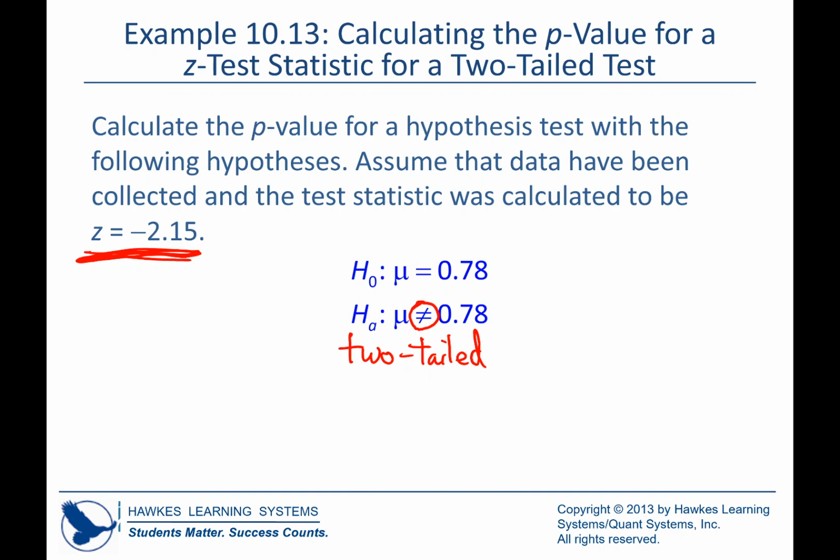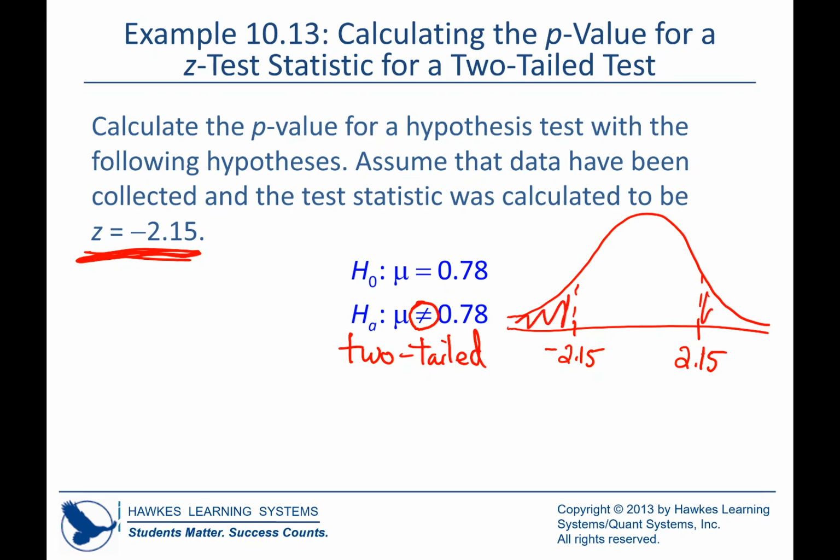So we're going to take plus or minus on our z-value. On this one, the z-values we're concerned about would be negative 2.15 and positive 2.15. So we want the area in both of those tails. So this tail and this tail, two tails.